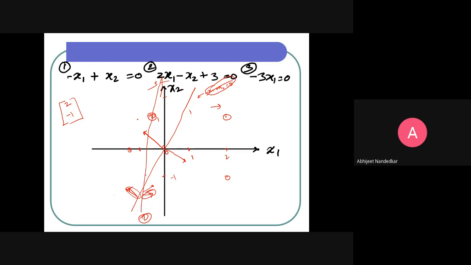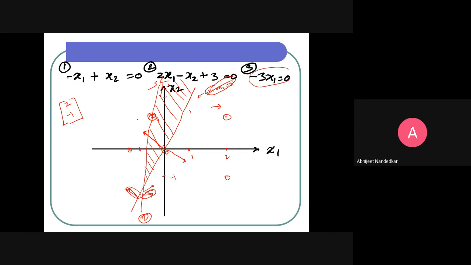And this will be the region where both neurons will fire. Now that is not enough for me, because I want 3 neurons to fire at a time.